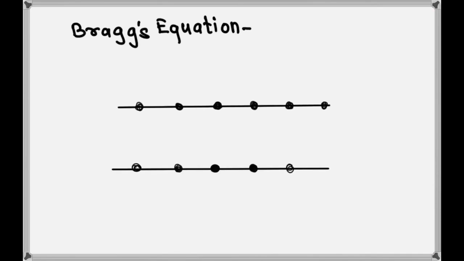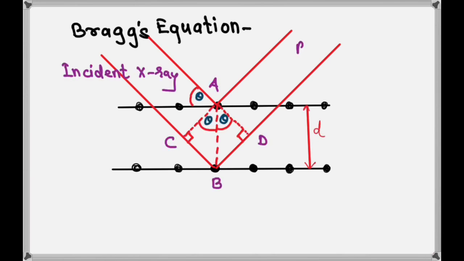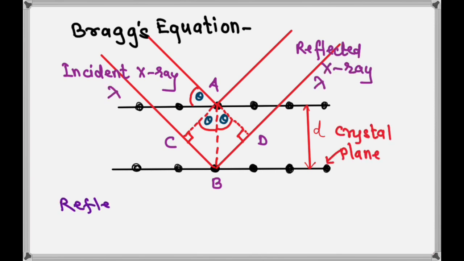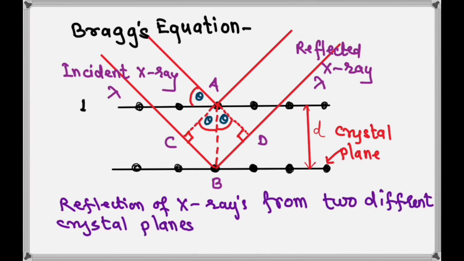For that, let us consider a metallic crystal, different planes made up from atoms, metallic atoms, and this diagram shows two different metallic layers, the first layer, the second layer.